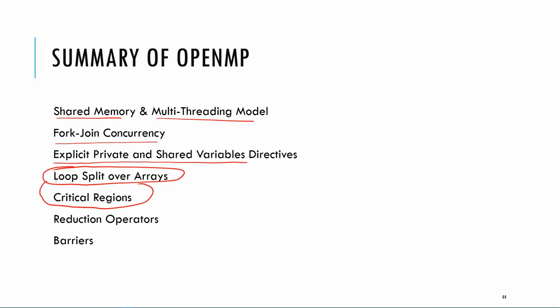Then we saw how this can be made even easier with reduction operators, and how we control explicit barriers to synchronize the threads in case they finish their work at different times.